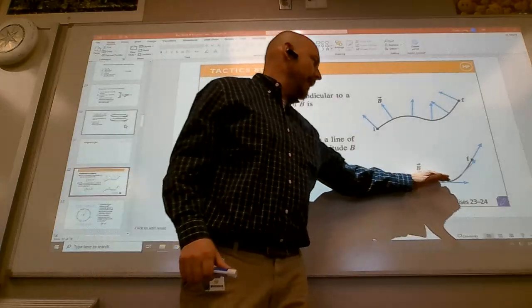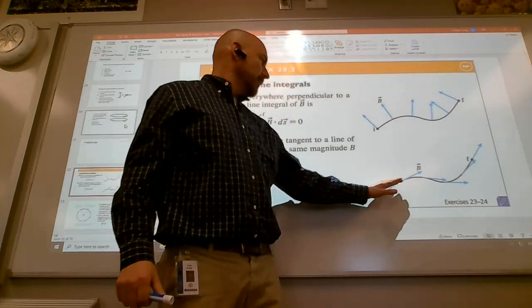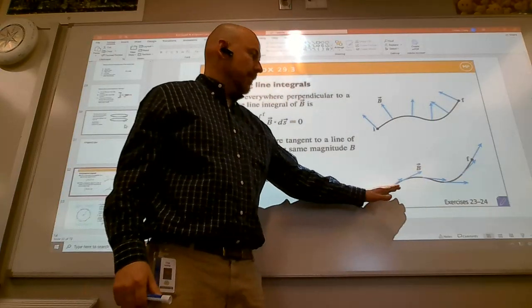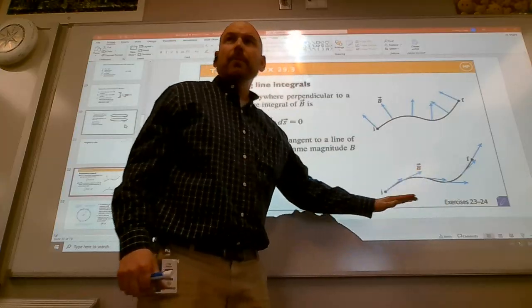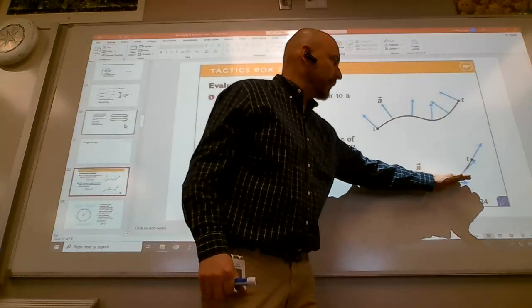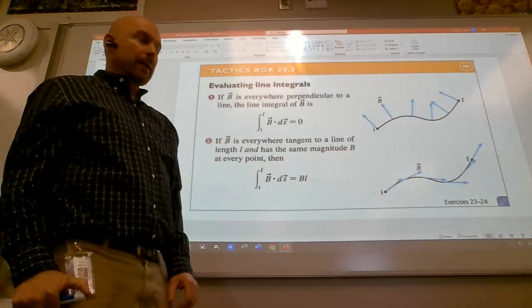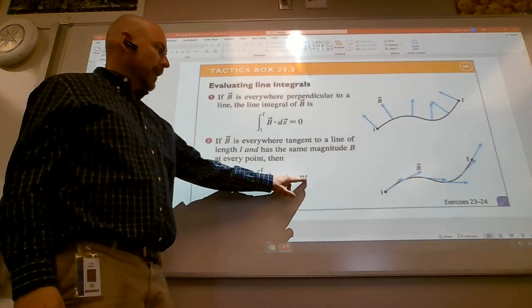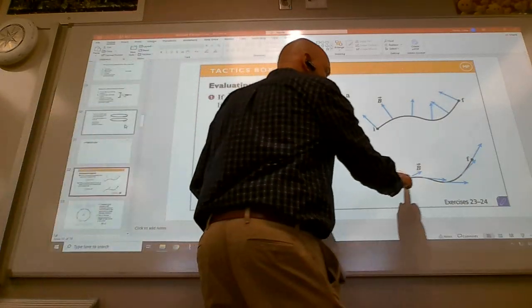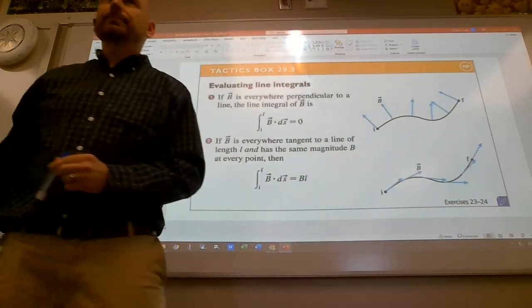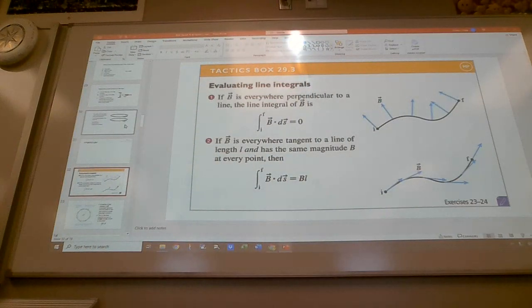This would be a maximum, where here the magnetic field is always parallel. The component is parallel to the path that we're integrating. So this would be B times the length of whatever this path is. Good with that? Those are the extreme cases.